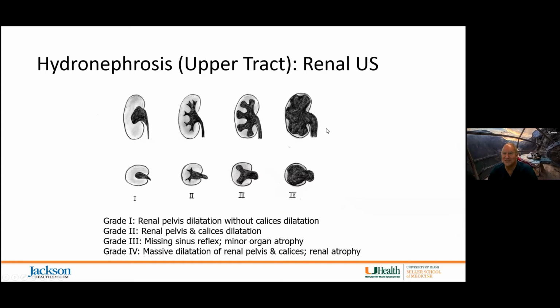What we don't want to see, this is called grade 4 hydronephrosis, is where you have almost no remaining, the calyces have been completely filled with fluid, no remaining parenchymal tissue for the kidneys. What that means is that you don't have, what is the workable unit?